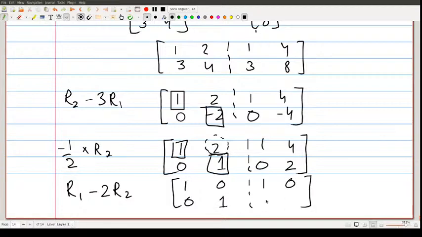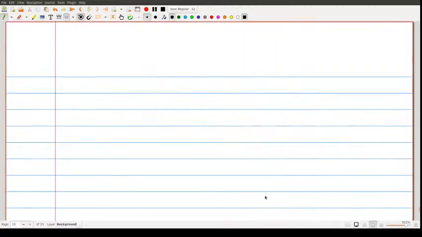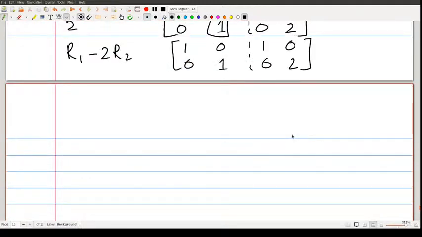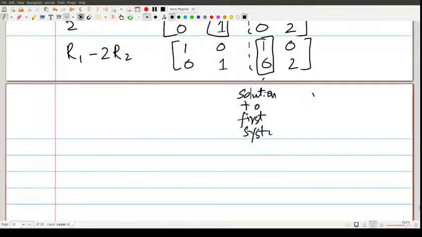So the answer that I've gotten is the following. So the solution, this is the solution to the first system, and this one is the solution to the second system.